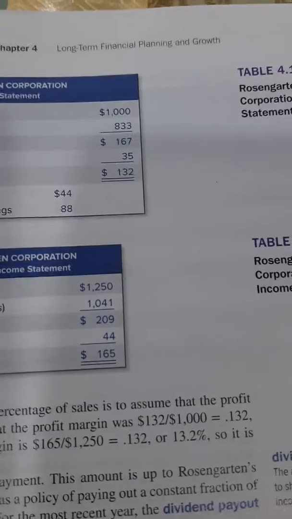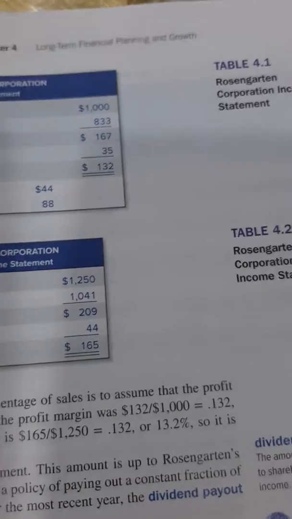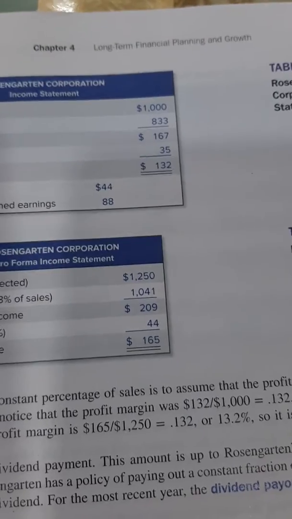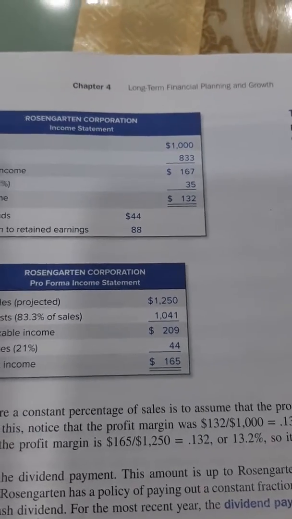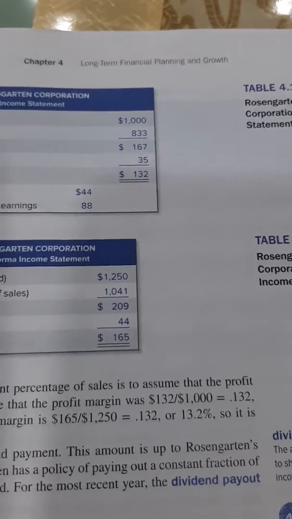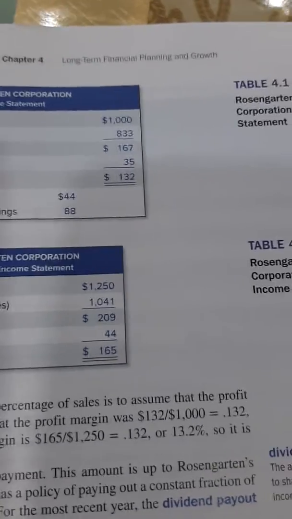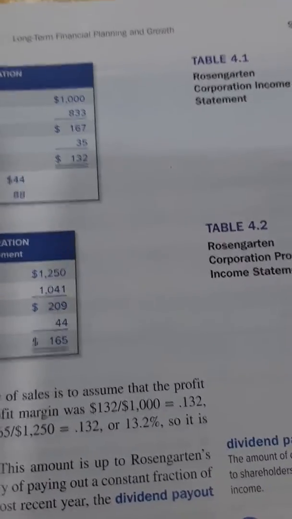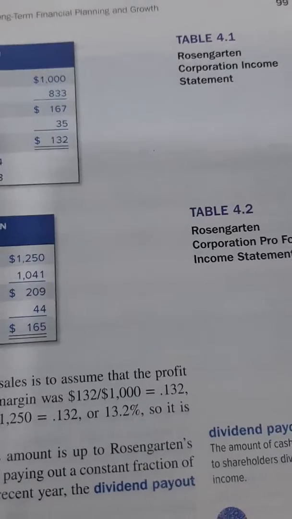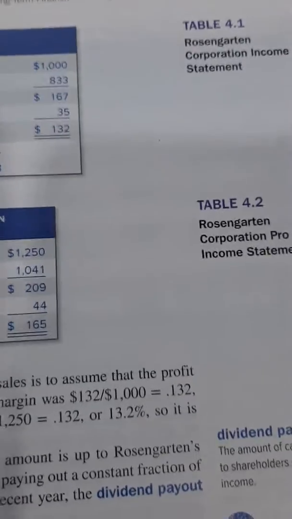On the liability side, notes payable will remain constant, but accounts payable will increase. There's another part of the balance sheet which I did not explain in the first part of the lecture, which is the equity side.